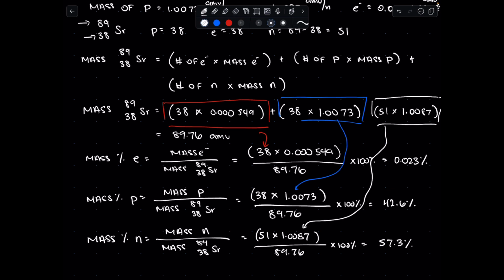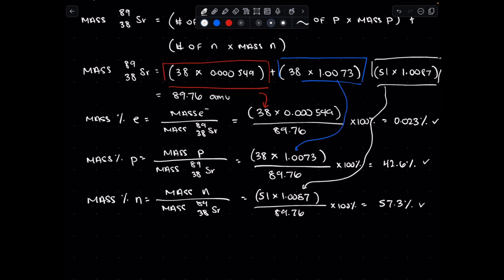Now, one thing that we can do to check to make sure all of this makes sense is to add up each of our percents. We'll add this one plus this one plus this one. And it should come out to about 100%. If it's 99.9%, 99.8%, that's okay, because we're rounding these percents from these numbers. So let's check our total percent.